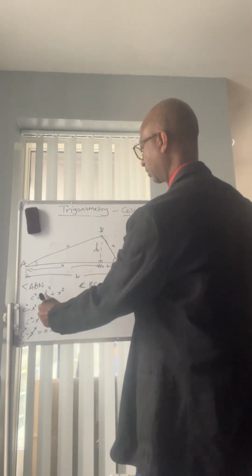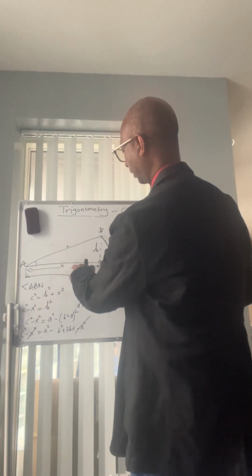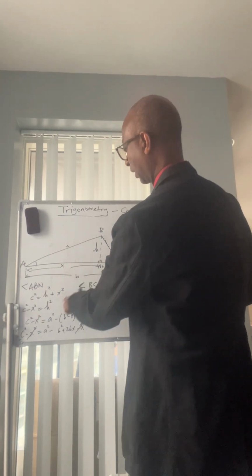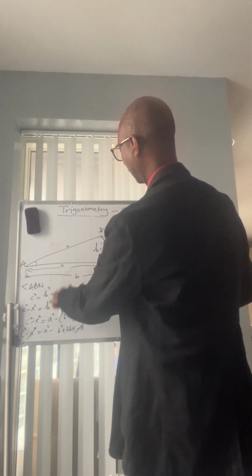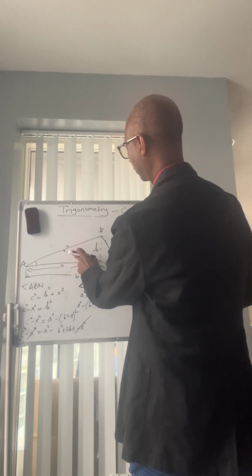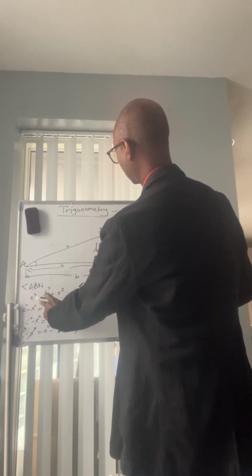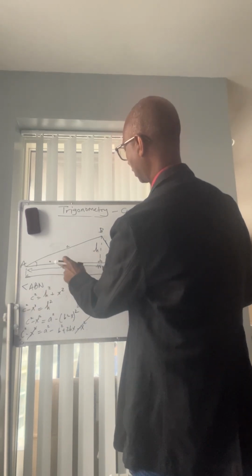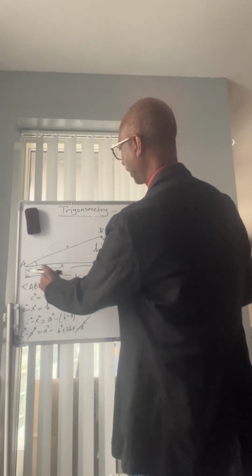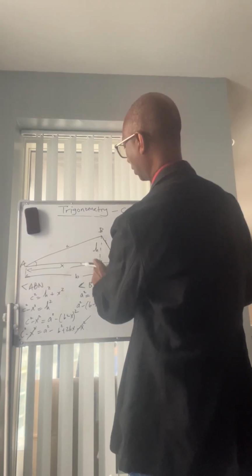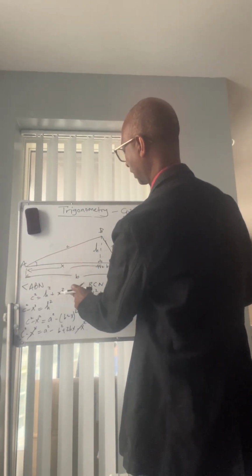Oh, sorry. I made a mistake here. You have this is the hypotenuse, c squared plus 2. Which one are you looking at? ABN. You have c equals h plus x.